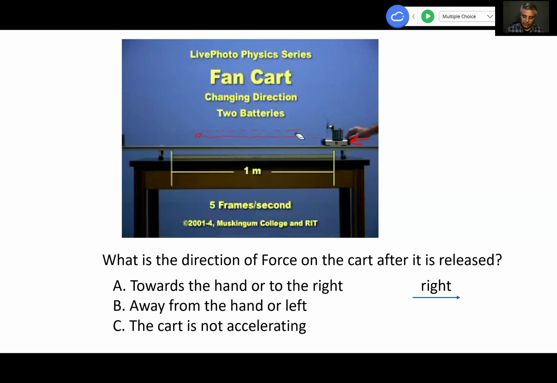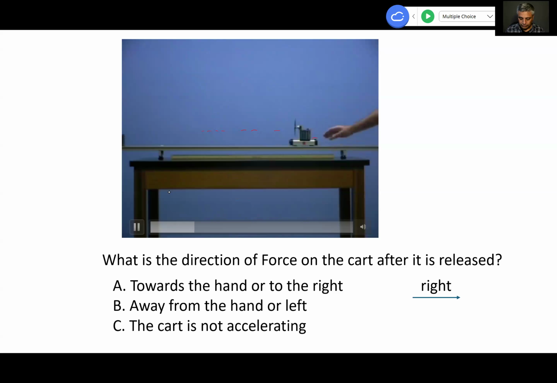Let's watch the video. It's a short video; if you blink, you may miss it. So what do you see? Did you notice once it leaves the hand, it starts slowing down, and then somewhere around here, it briefly stops and then turns around and starts moving this way.